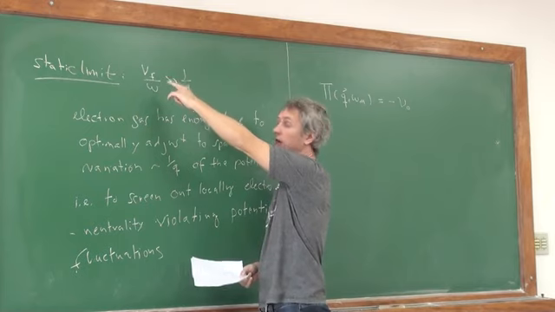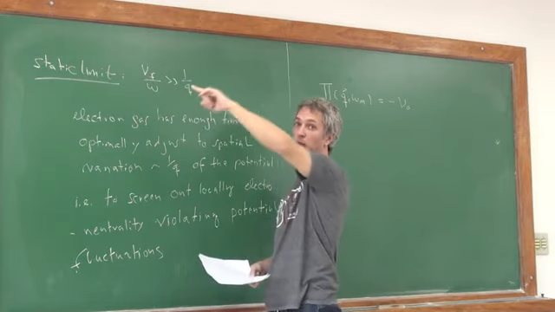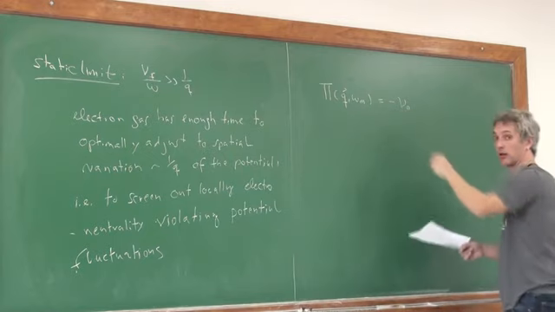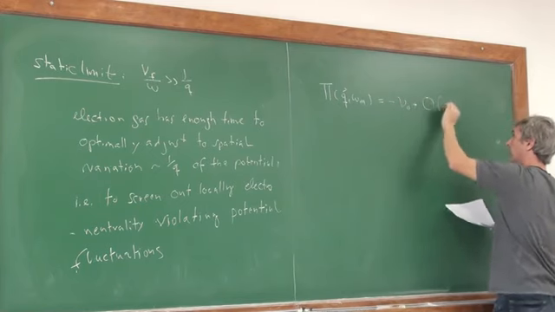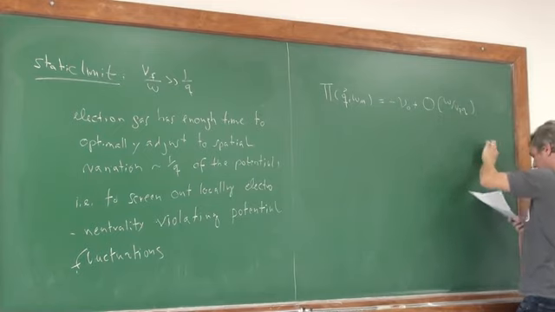Now we have Q and omega. If we neglect omega, the argument of the log was just 1, and it vanishes, minus 0 plus order omega over Q, which in this limit is assumed to be small.